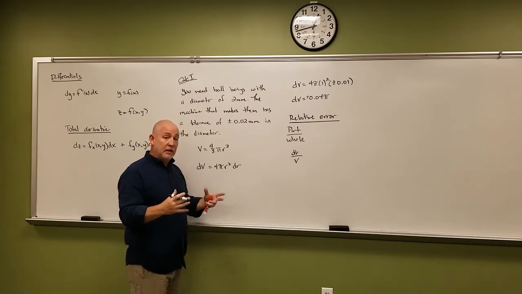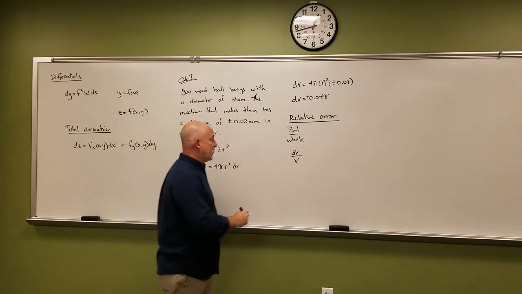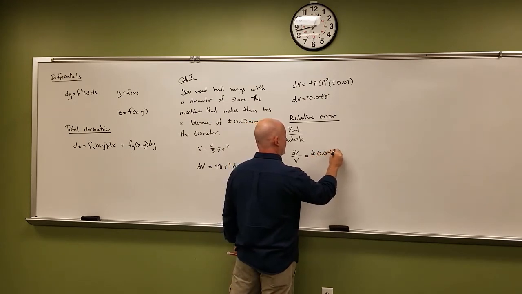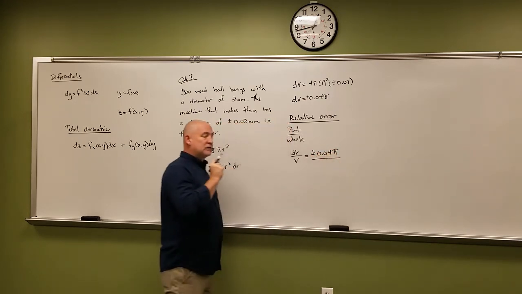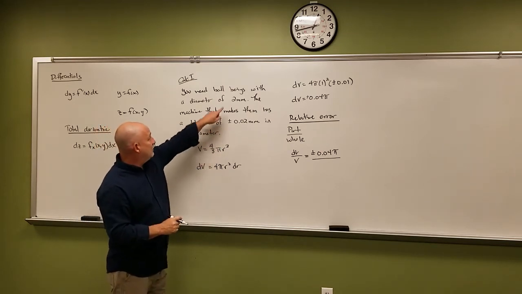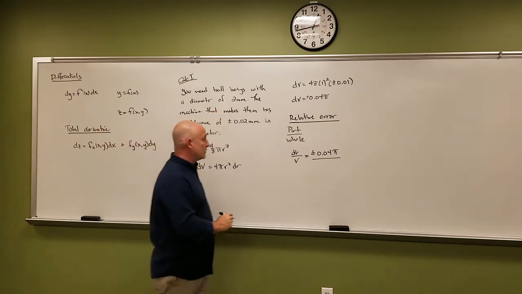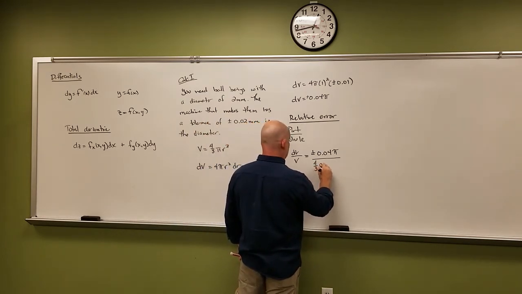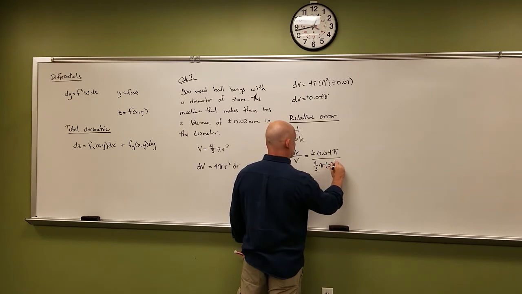That way we can see if it's big compared to what its actual size is. So here we get plus or minus 0.04 pi divided by what the volume is supposed to be. Well, the diameter is supposed to be 2 millimeters, so this would be 4/3 pi times 2 cubed.